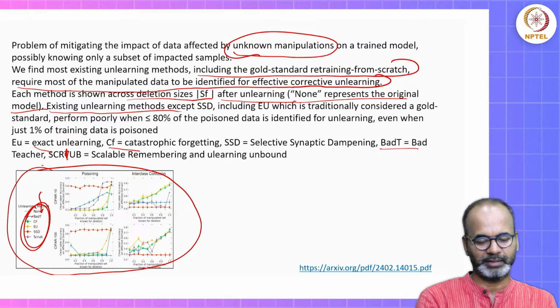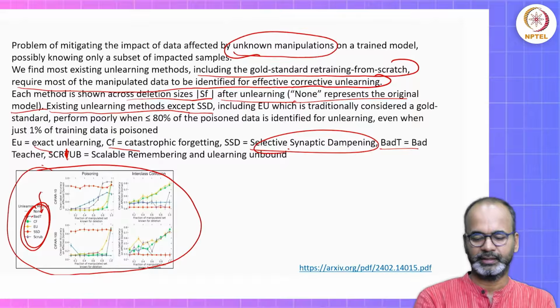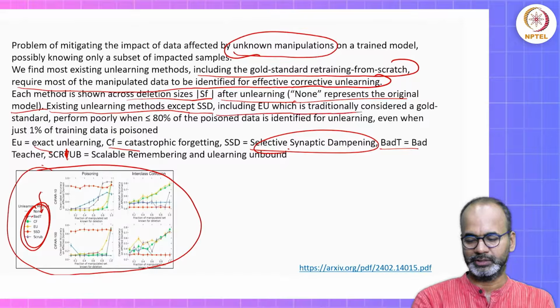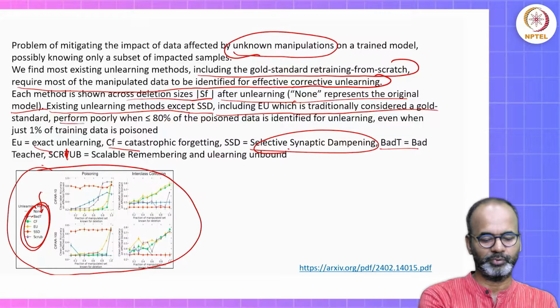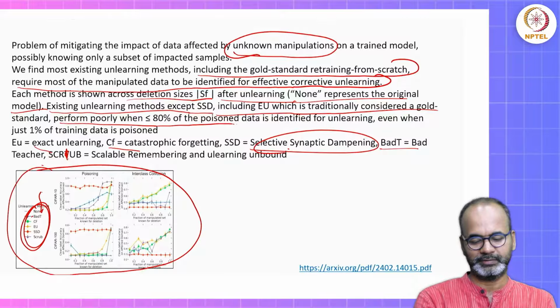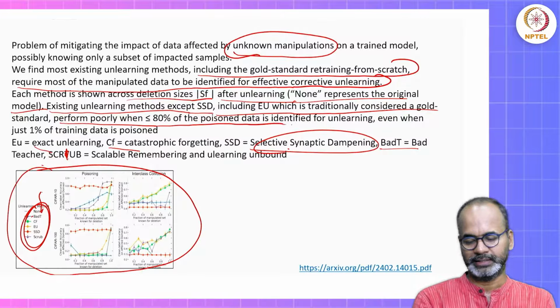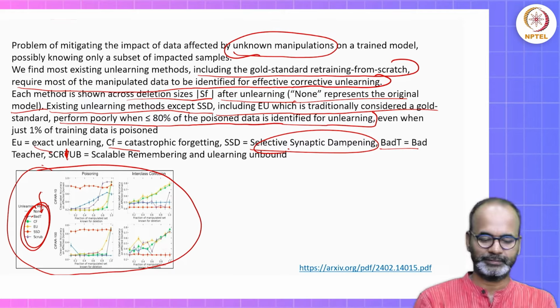Existing unlearning methods except SSD, which is this, including EU, which is traditionally considered a gold standard, perform poorly when less than 80% of the poison data is identified for unlearning.